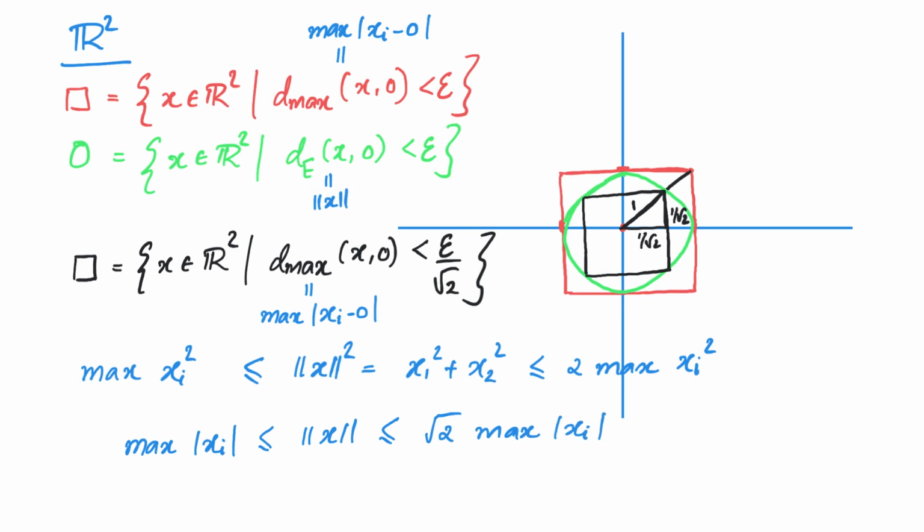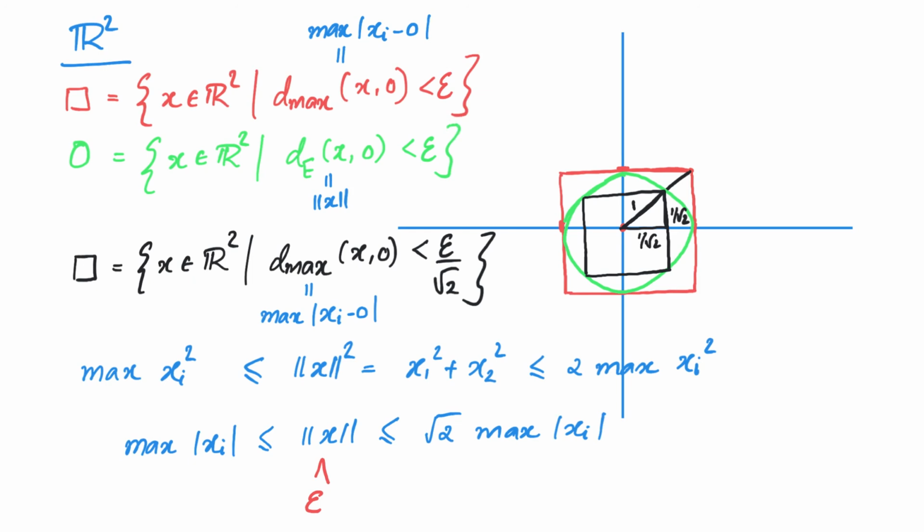And let us understand this identity in terms of the picture that we saw earlier. If we focus on the first inequality and assume that norm x is less than epsilon, then it implies that maximum of mod xi is also less than epsilon. And this is capturing the fact that the green circle is contained inside the red square.